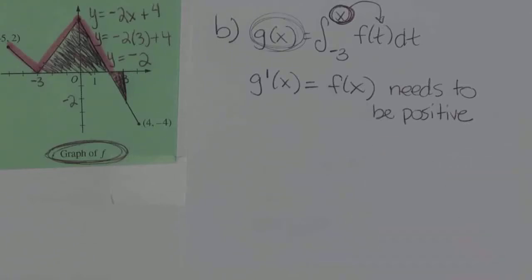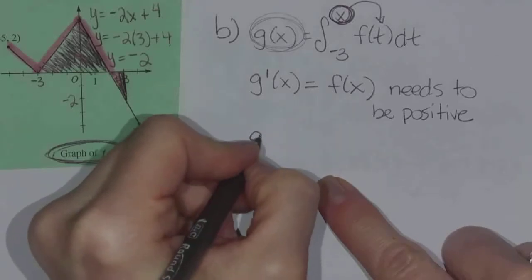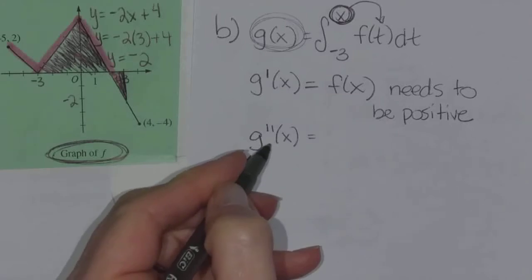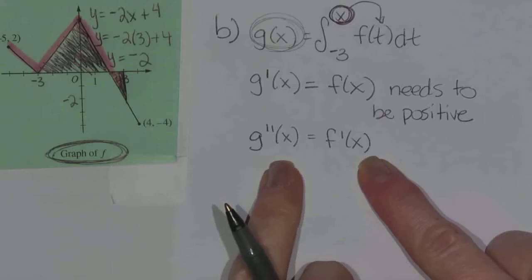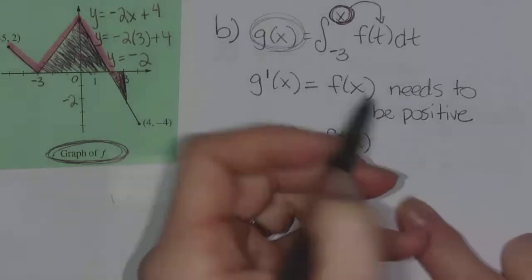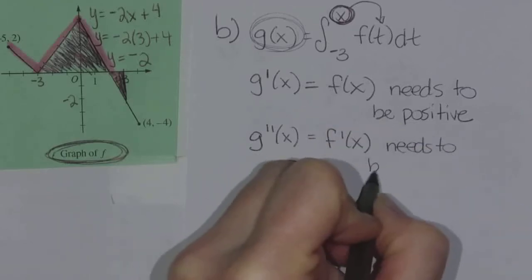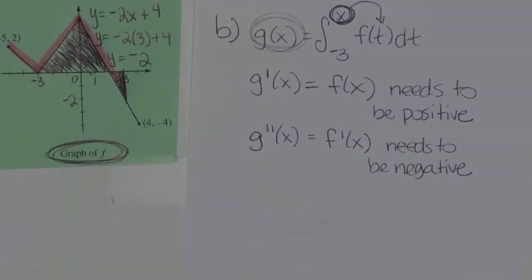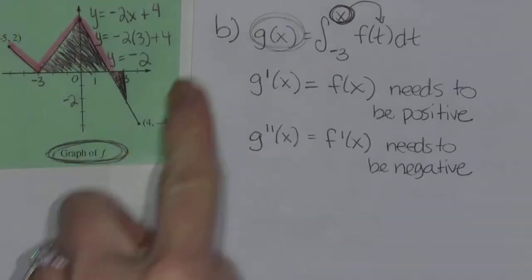Now, secondly, we need to be concave down. Well, concavity is determined by the second derivative. So the second derivative of g is the first derivative of f, and in order to be concave down, f prime of x needs to be negative. And if you think about it, f prime will be found by looking at the slopes of the tangent lines on the graph of f.